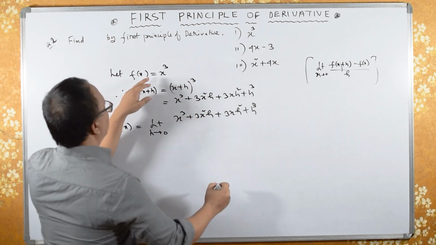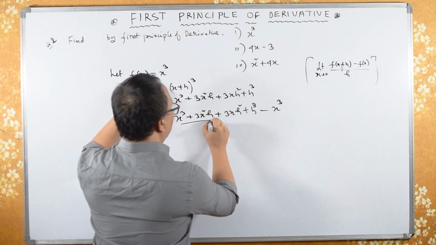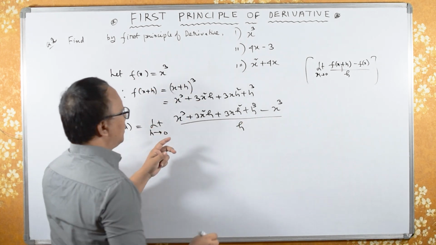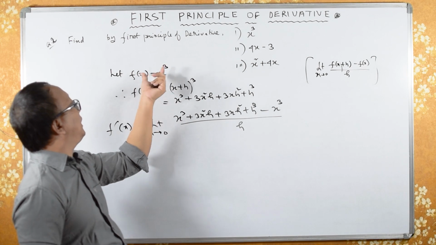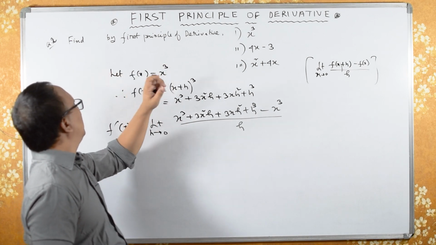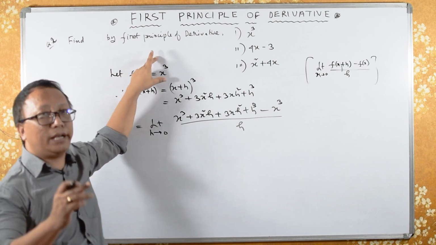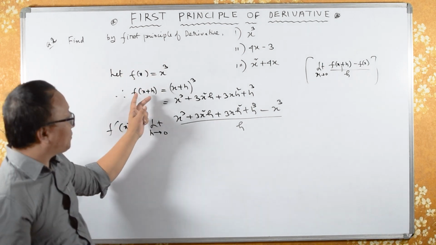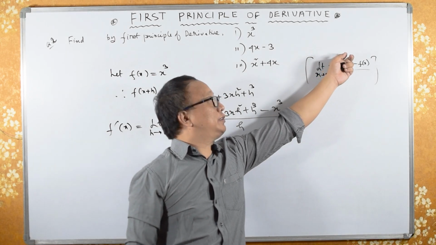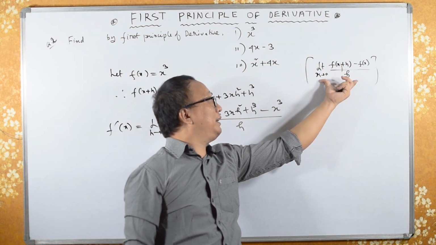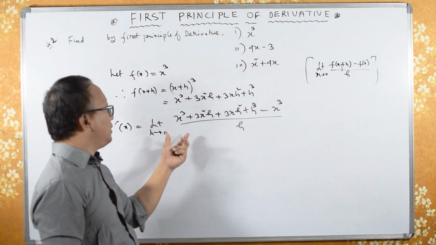What is my f of x? It is x cube, upon h. I'm not doing anything special: first I am assuming the given function is f of x, after that I am finding f of x plus h, because I need f of x plus h. Now substituting over here, because this is the first principle concept, limit of h tends to 0.